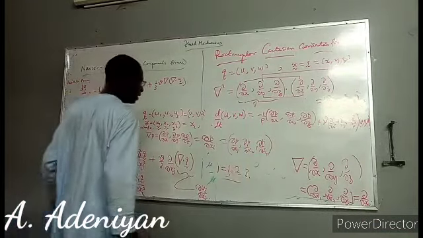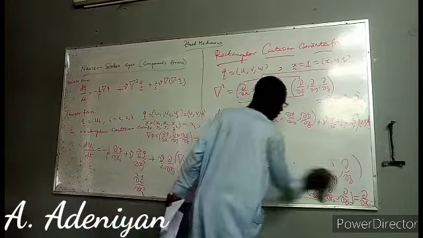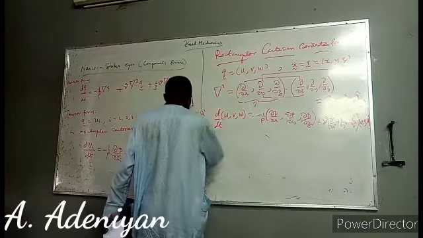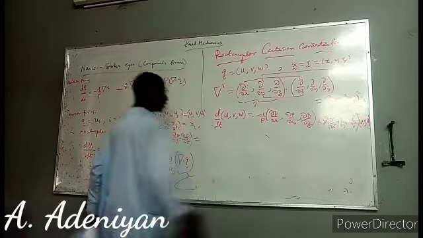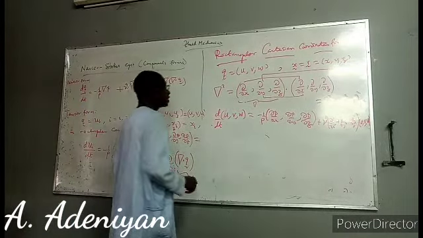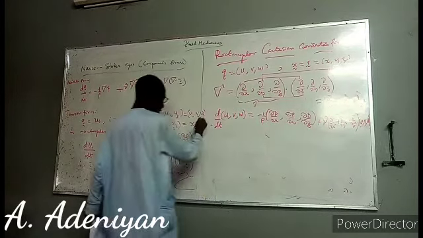So let's start with components along the x-axis. Along the x-axis, what are the components of this? The velocity component along the x-axis is u. So I will pick this.